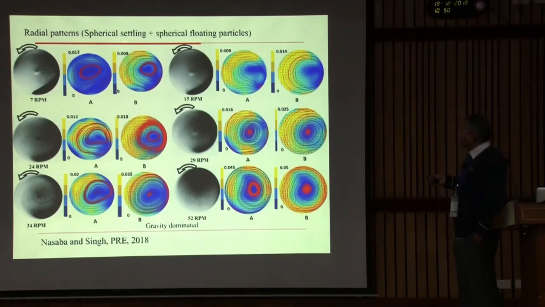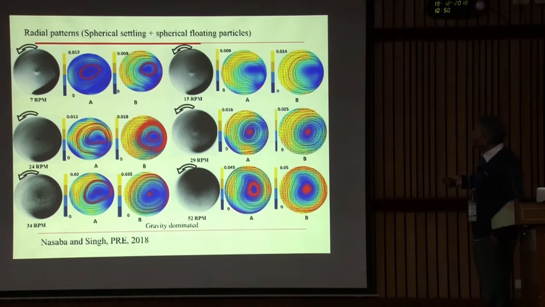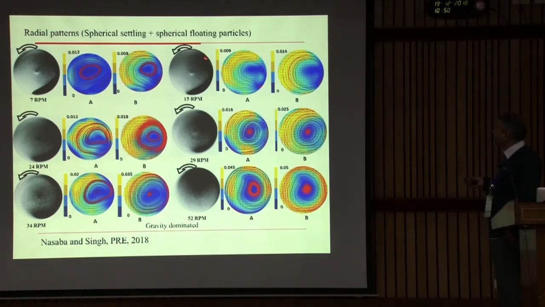You can see that the behavior is quite different when, instead of cylindrical particles, I had a bed of spherical particles which were settling. You do not see multiple rings. Instead, what we see is that these particles try to rise up, but then they also fall down. And it's not very clear. When they try to fall down, they form this finger-like pattern, right? So you have floating particles and settling particles trying to protrude in a finger kind of pattern.